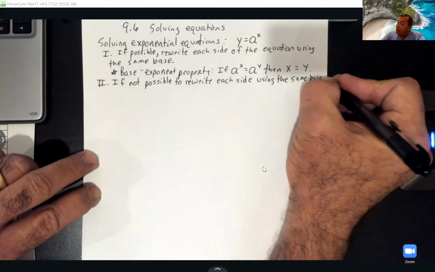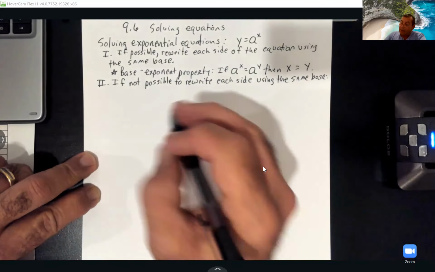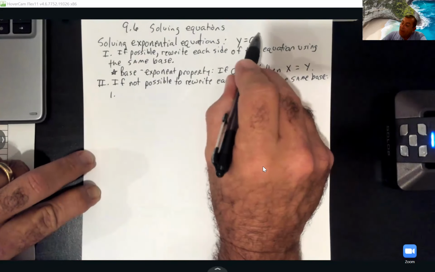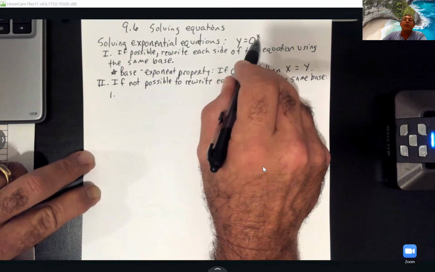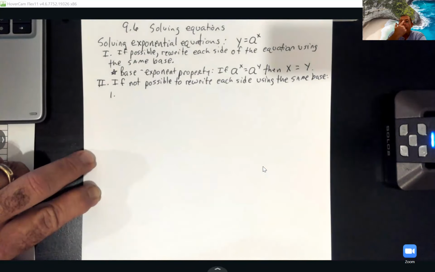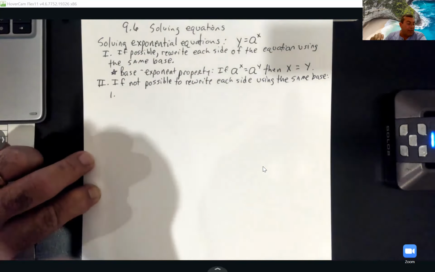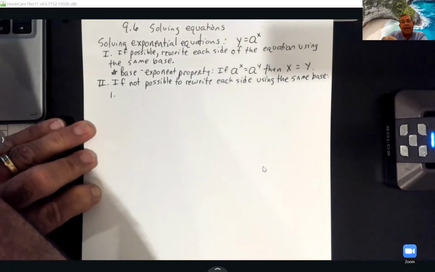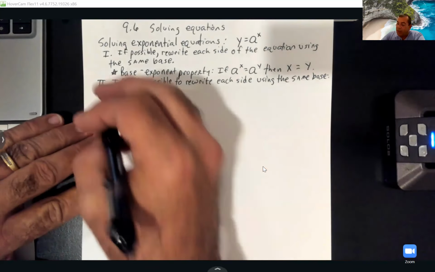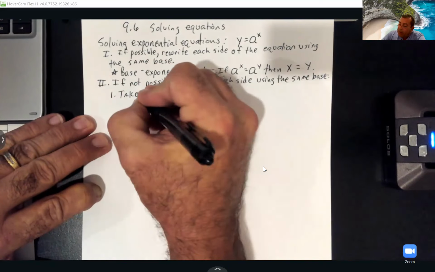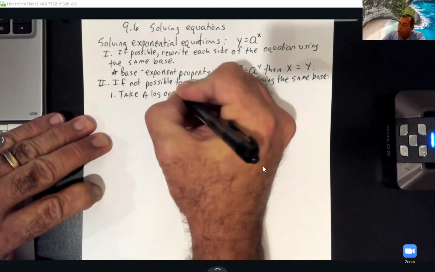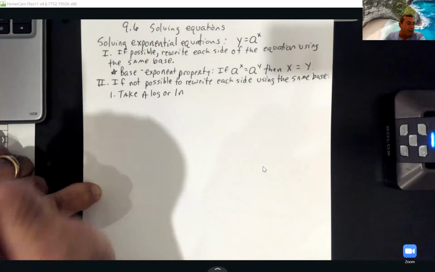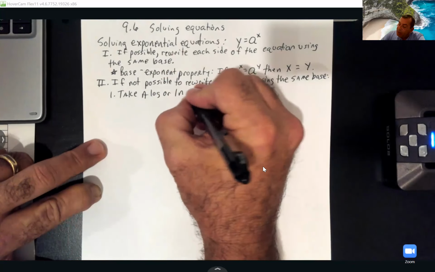So if it's not possible, the first thing I'm going to do, because I got to be able to bring these exponents down, I cannot solve for the variable while it's an exponent. So the way I bring it down is I take a log or an ln of both sides. Because remember, what you do to one side of an equation, you do to the other side. I'll use the ln if it's got the e in the problem, okay?